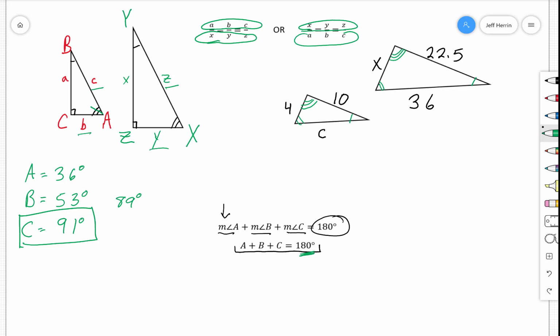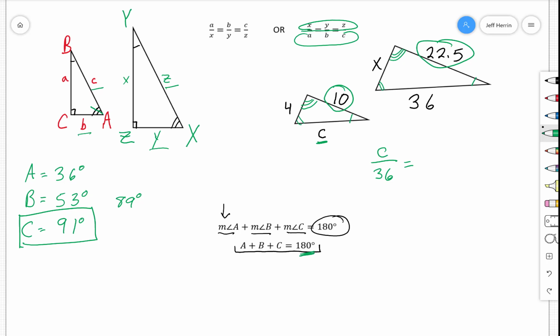So let's look for C. If I want to find C, I can go up to my formula and I see that the ratio between C and its counterpart is the same as the ratio between, well, let's pick something we know both of. We know this side, we know both of those numbers, so that'll be what we look for.